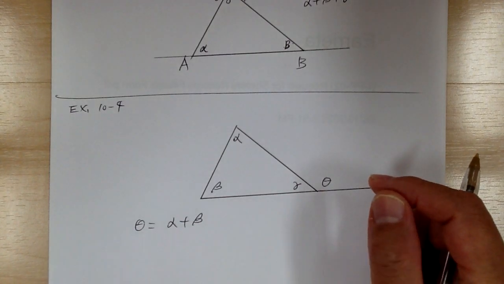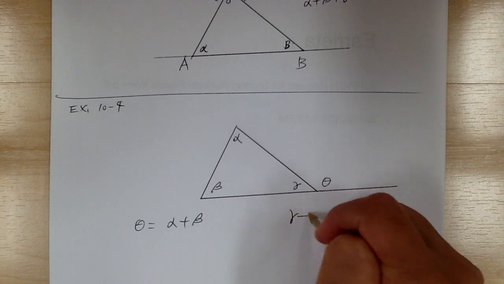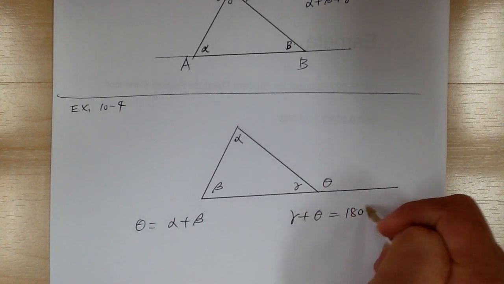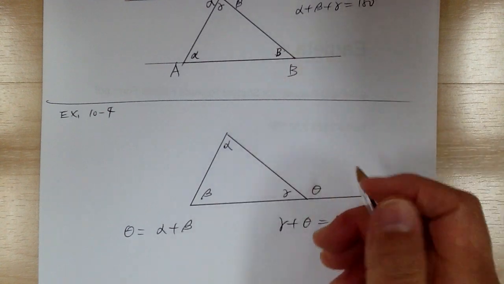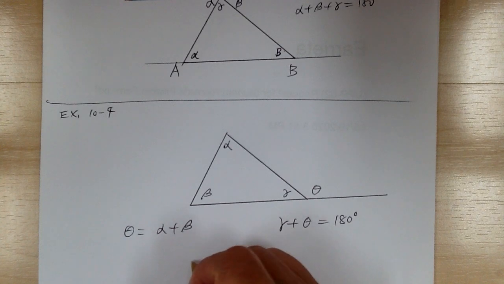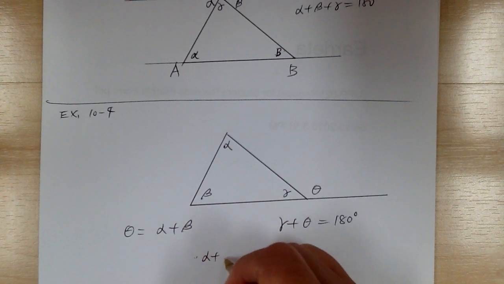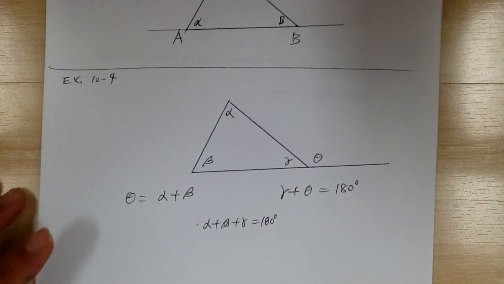And the way you can prove that is, if you look over here, this is a straight angle, so you've got gamma plus theta equal to 180, right? And from this over here, we know that alpha plus beta plus gamma equals 180, okay?